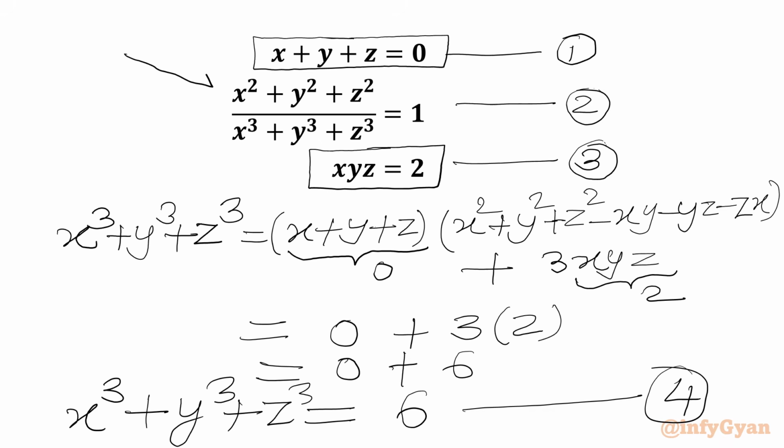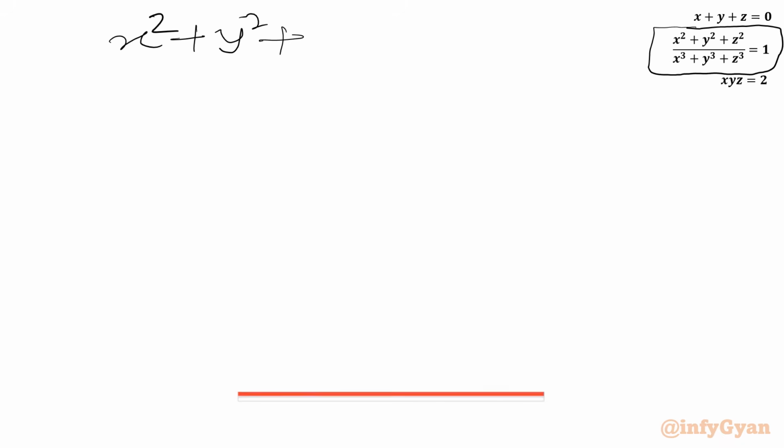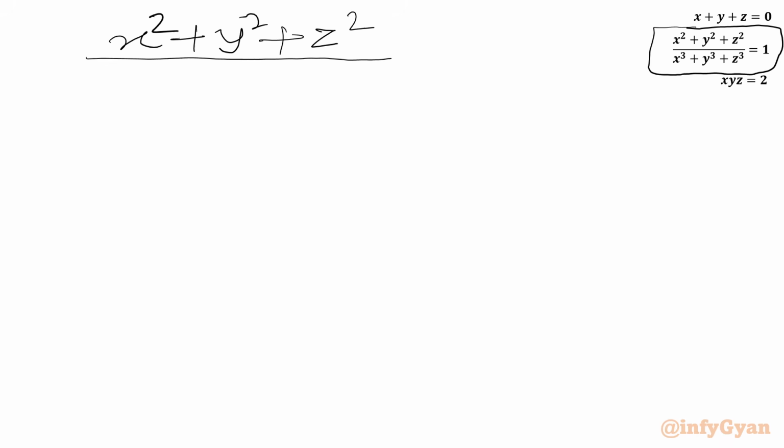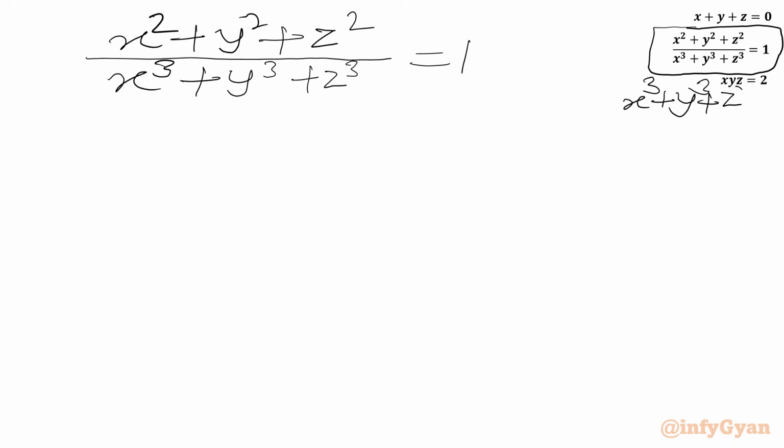Which we are going to apply here in equation 2, so we can calculate x square plus y square plus z square from there. Let's calculate. I will write here our equation 2: x square plus y square plus z square over x cube plus y cube plus z cube equal to 1. Now x cube plus y cube plus z cube as per our equation 4 is 6.